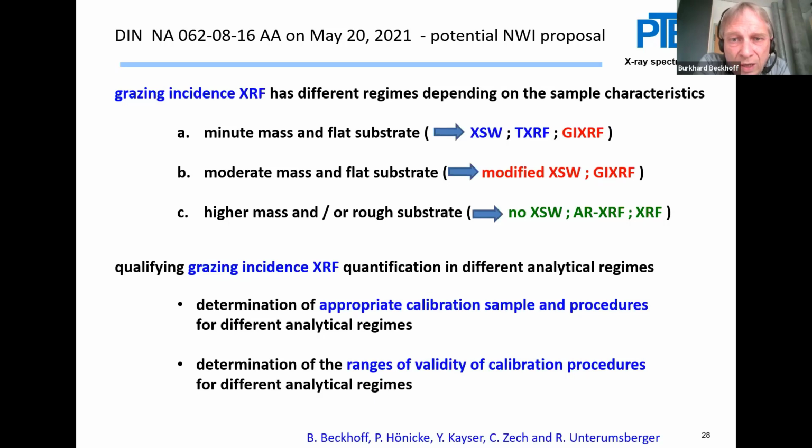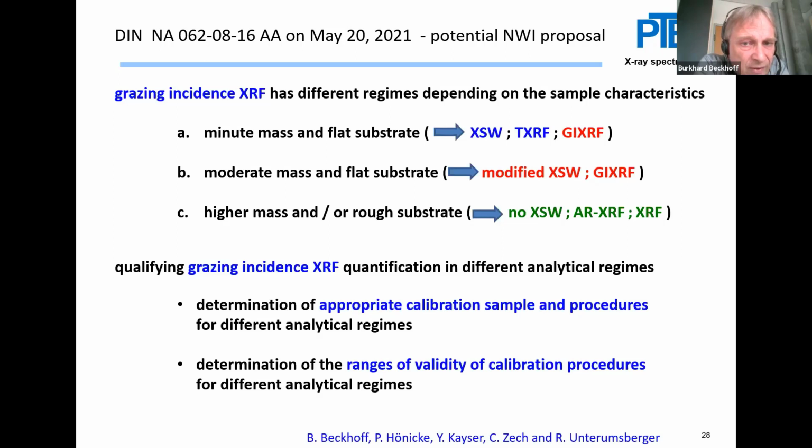And when going above the angle of total reflection, we can see a very nice grazing-incidence XRF pattern with angular dependencies of the fluorescent signal that are modified by the X-ray standing wave field.